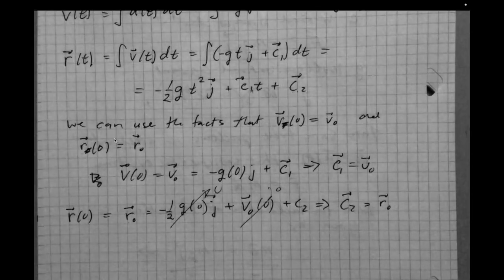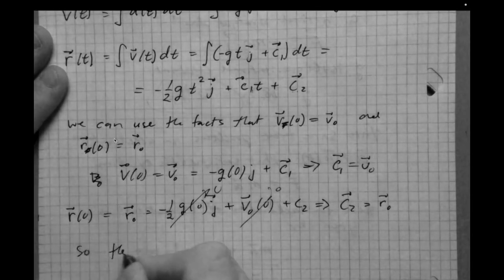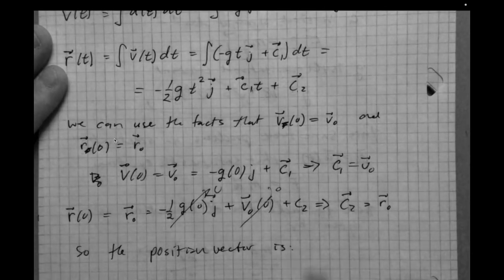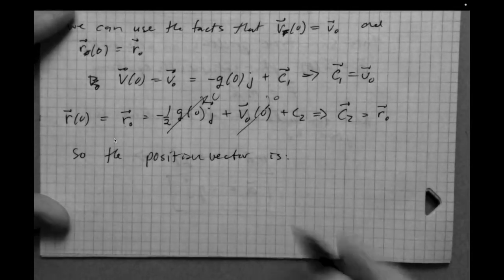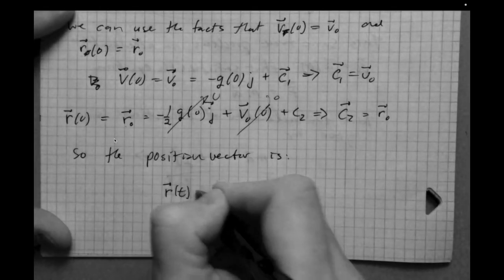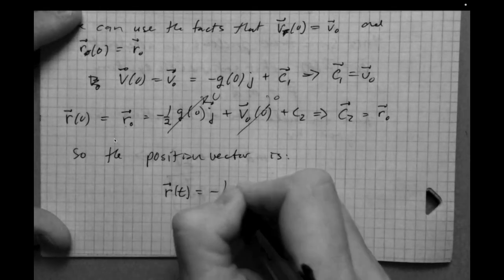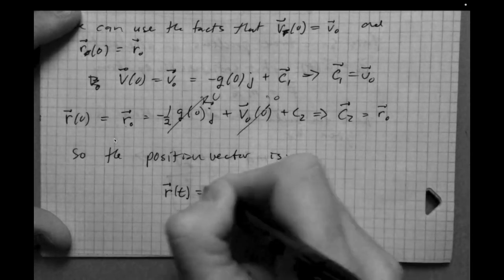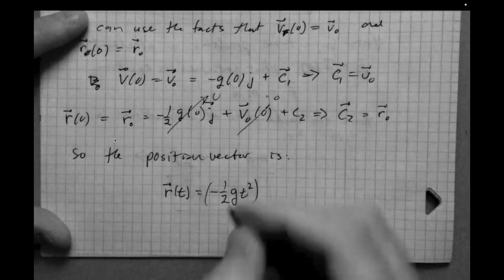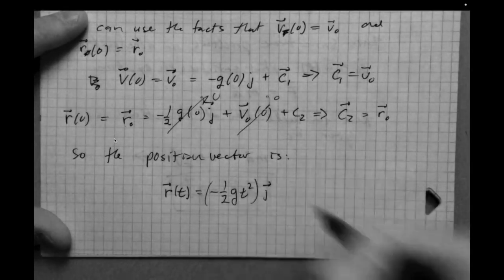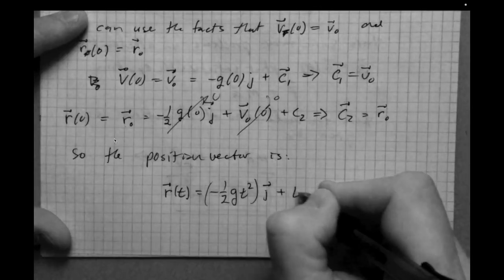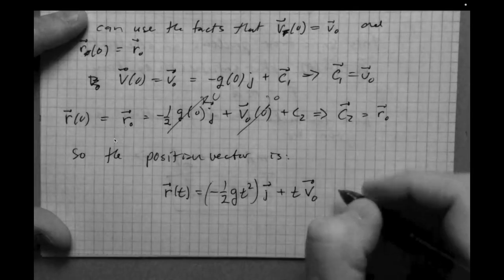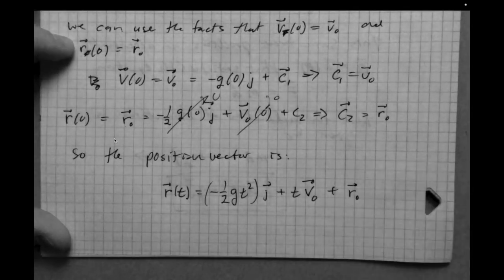So the position vector valued function is r of t equals negative 1/2 g t squared, in parentheses, times j, plus t times v naught, plus r naught.